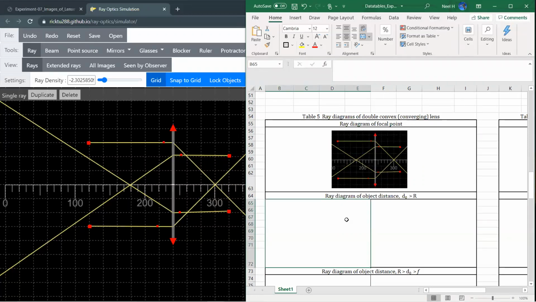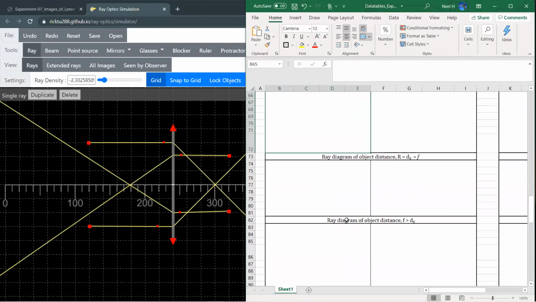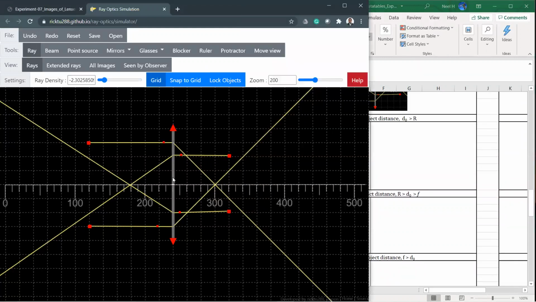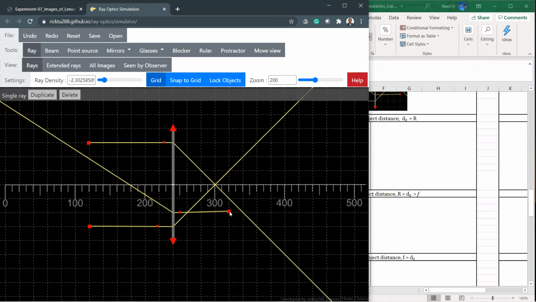Okay, now let's do the ray diagram by changing the object location. To do that, you can use the same lens with the focal point of about 6 centimeters. Let's keep the same lens, and we need only 2 rays to identify the object. So let's make the object somewhere on the left hand side.